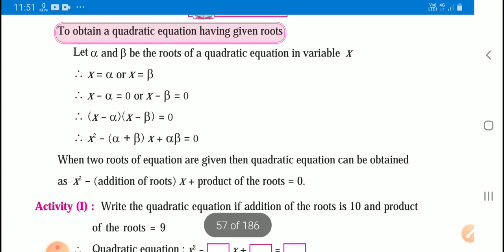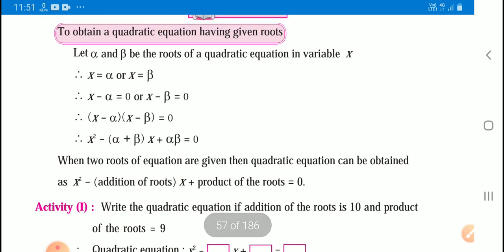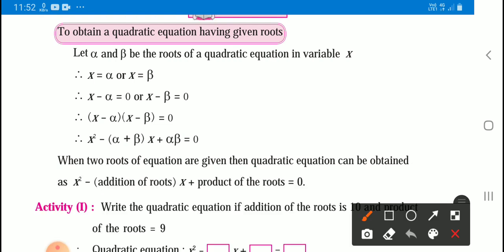You have to keep in mind the quadratic equation form. When two roots of the equation are given, then the quadratic equation can be obtained by using the formula x square minus (alpha plus beta) into x plus alpha beta is equal to 0. This formula you have to keep in mind.